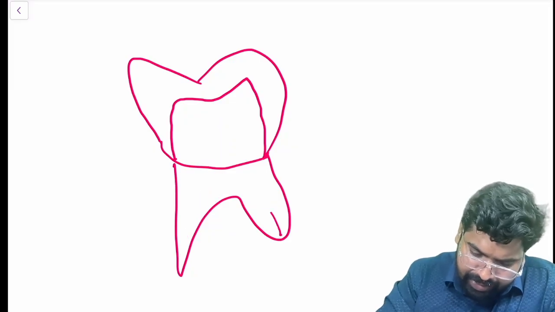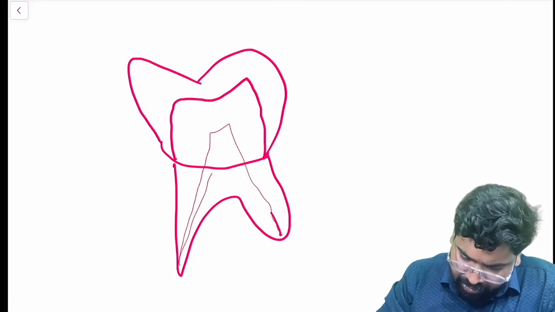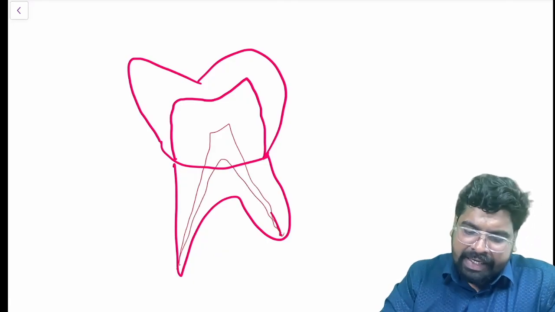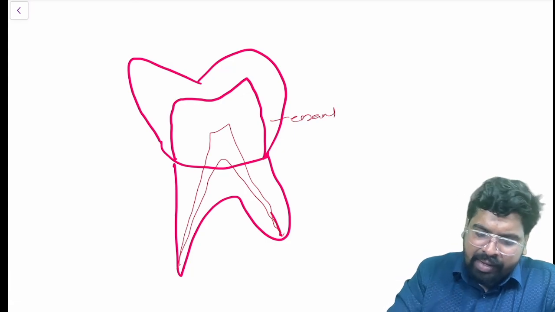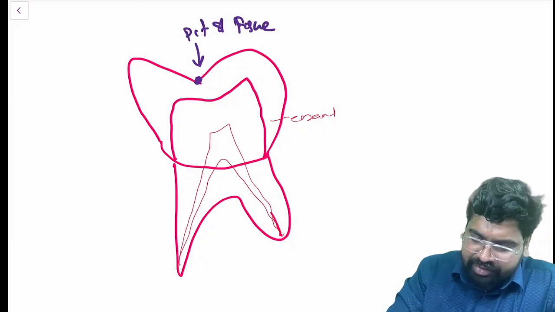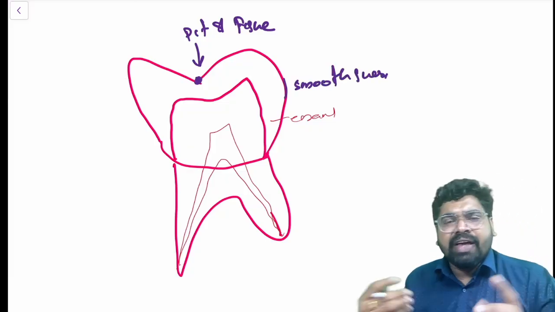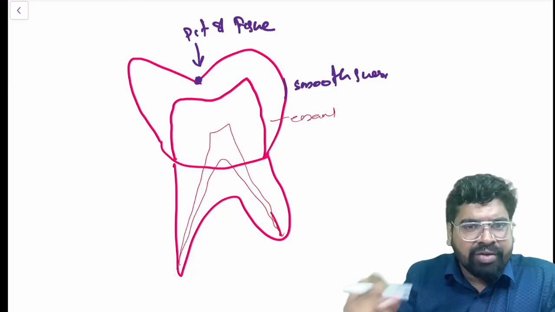On the enamel surface, this point is called the pit and fissure, and this is the smooth surface. Caries can occur either in the pit and fissure or on the smooth surface.